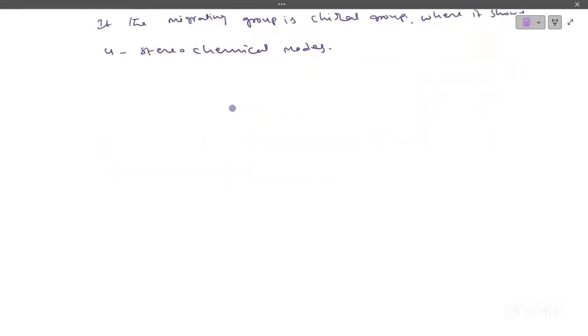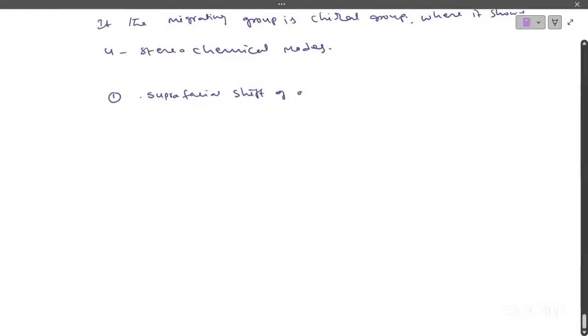One is suprafacial shift of a chiral group with retention configuration.